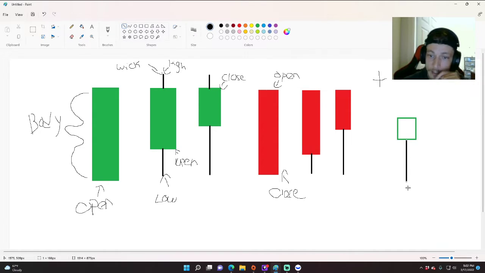Sellers pushed this all the way back down. Now buyers did step in and push this back up, but it means it can't push any higher. Sellers do have a grip of this, and it's probably going to go back down with this candle right here. So you do got to be careful about this. It just all depends on where the opening closes for the day. This one I would still think bulls are in control just because the open is so much further away than the close. But again, you just have to study the candles.